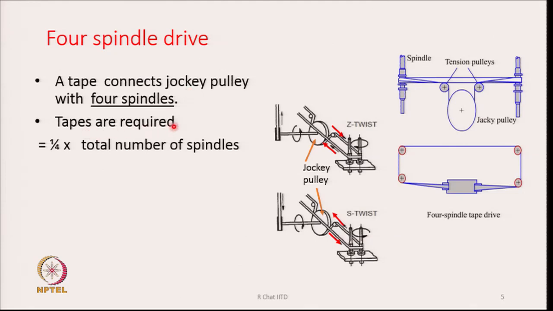How many tapes are required? It is 1/4 the total number of spindles. So, the number of spindles has to be such that it is divisible by 4, because one tape is going to drive 4 spindles. It will be 4, 8, 12. So, it has to be a multiple of 4.